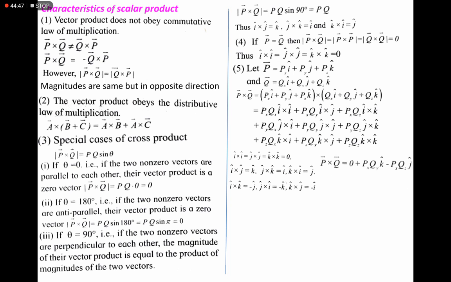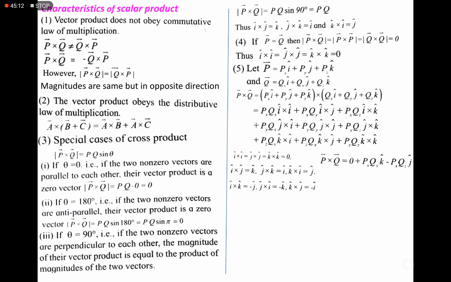In the first line, this one is 0, and here i bar cross j bar is k bar, and px qz as it is, but i cross k is minus j bar.